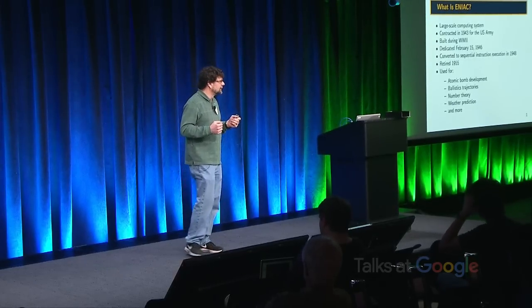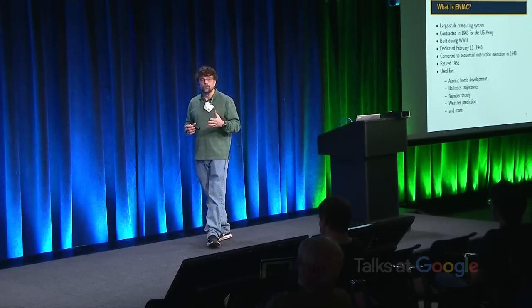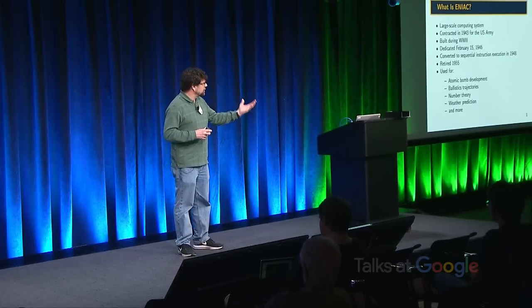And that's what they did. So in 1948, they implemented a CPU on it, a traditional, sequential instruction execution CPU, and it was used that way until its retirement in 1955. So this is actually going to come back and be something important in a minute.